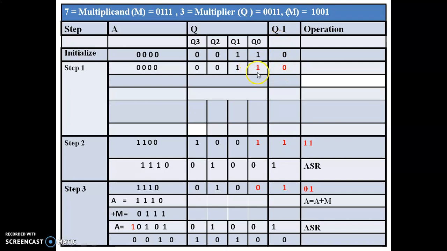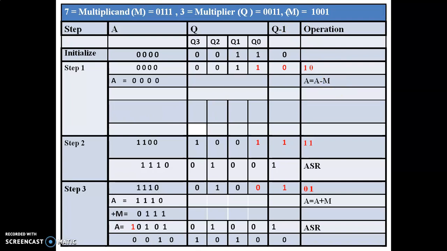When the values of Q0 and Q minus 1 are 1, 0, we perform A is equal to A minus M, which means we subtract M from A. Earlier we had taken out the value of minus M. What is the value of minus M? Minus M is 1, 0, 0, 1.